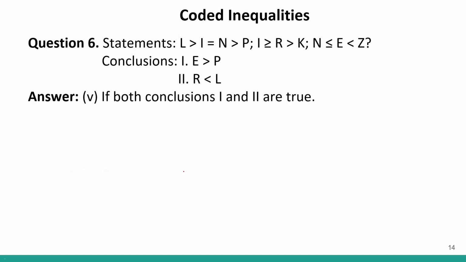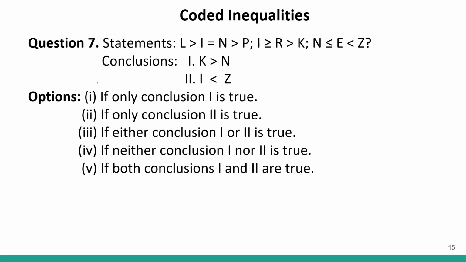Now, coming to question number 7. Again, we have the relation in the statement and conclusions are given, and we have to find whether the conclusions are true or not. So now if K is greater than N, that means we will move from K to N. This is K. In front of K, I see only a small door.